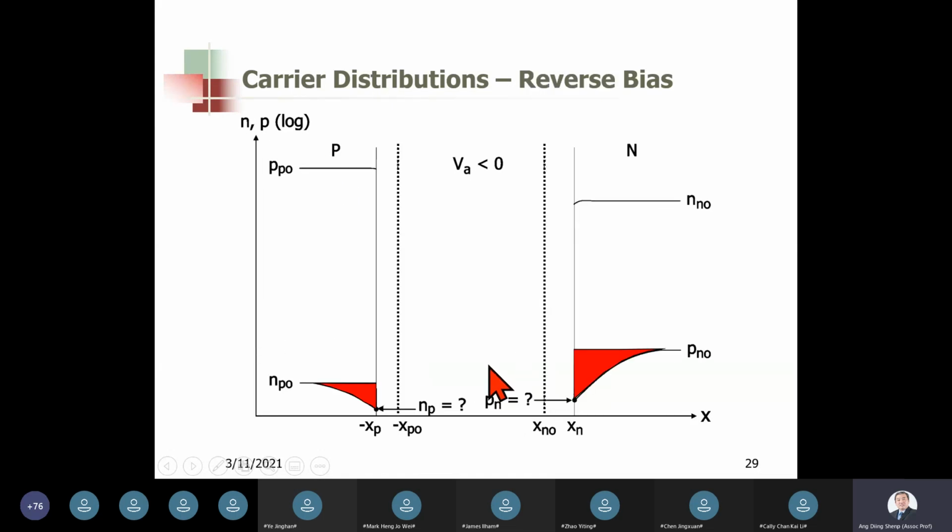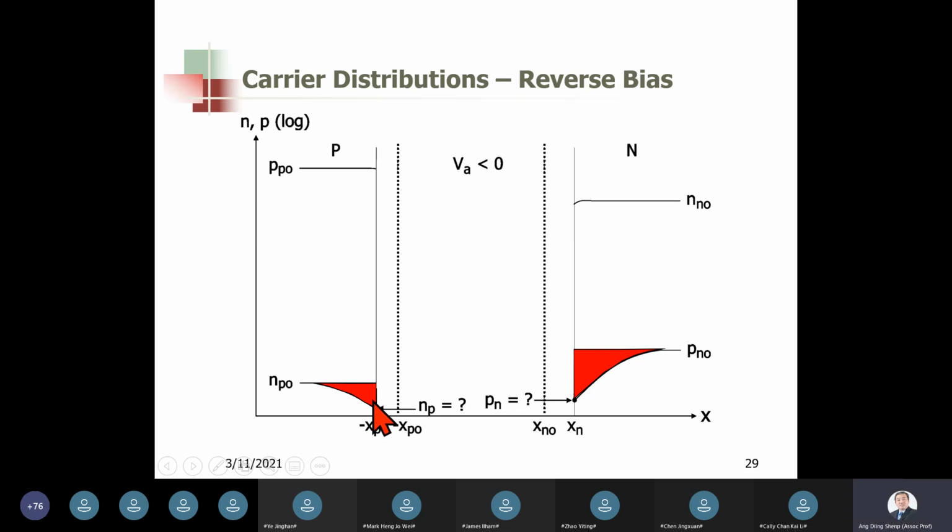Now, this is the diagram for reverse bias. For reverse bias, we have carrier extraction across the junction. As a result of electrons being extracted from P to N, the electron concentration at the edge of the space charge region on the P side decreases below the thermal equilibrium value.